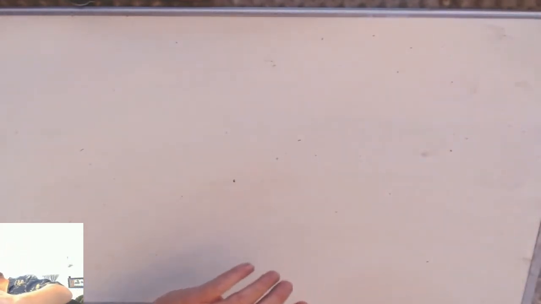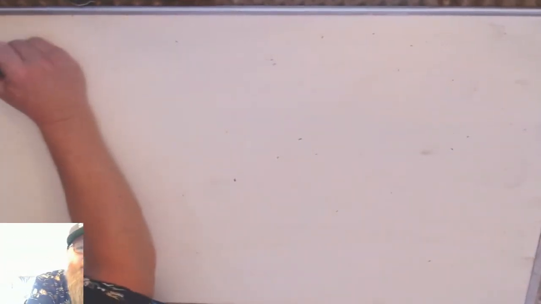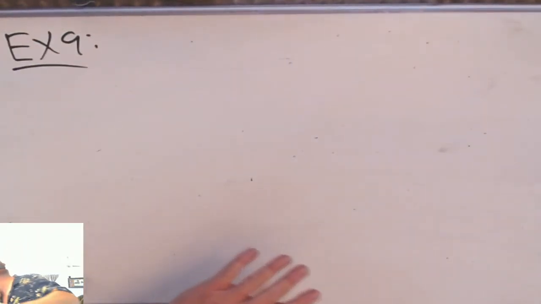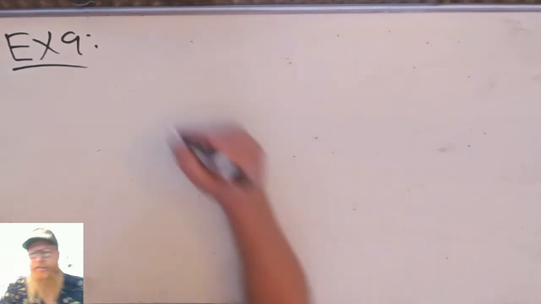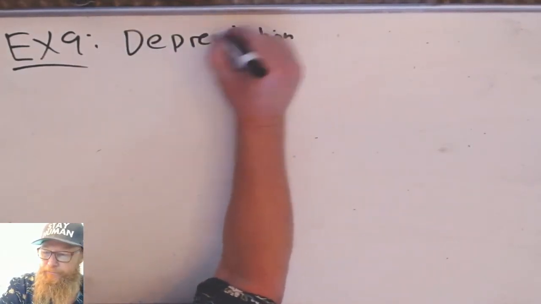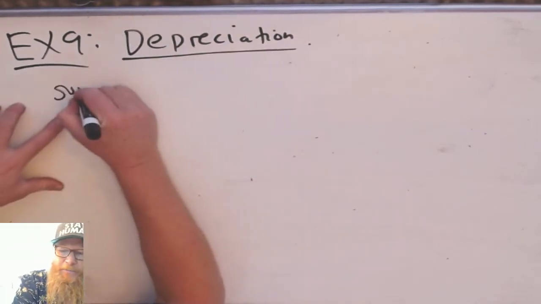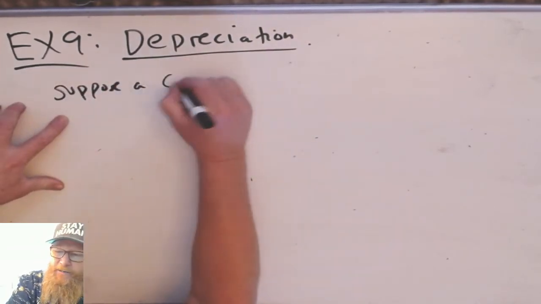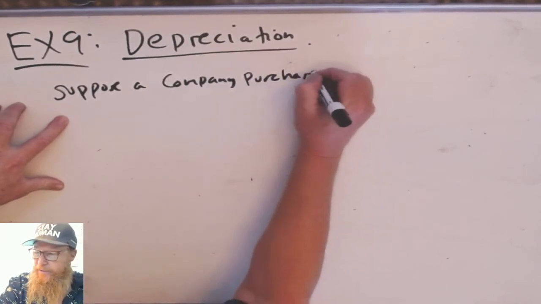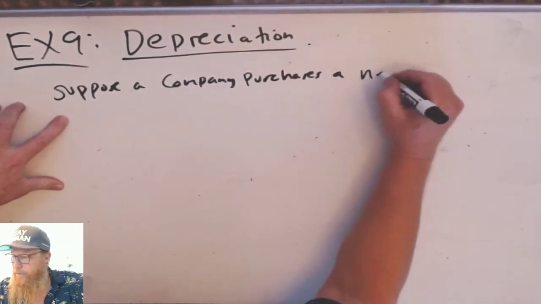And these are review problems from Chapter 2, as I mentioned. Example 9, depreciation. Suppose a company purchases a new computer.